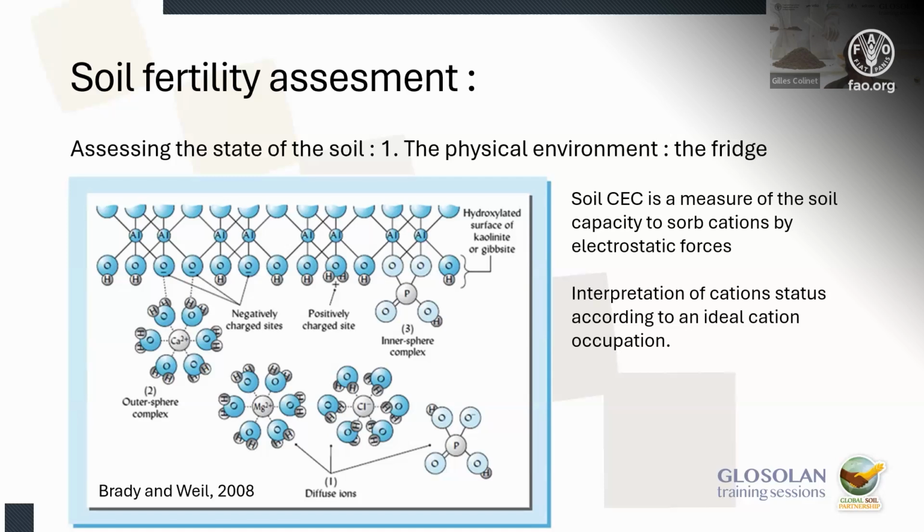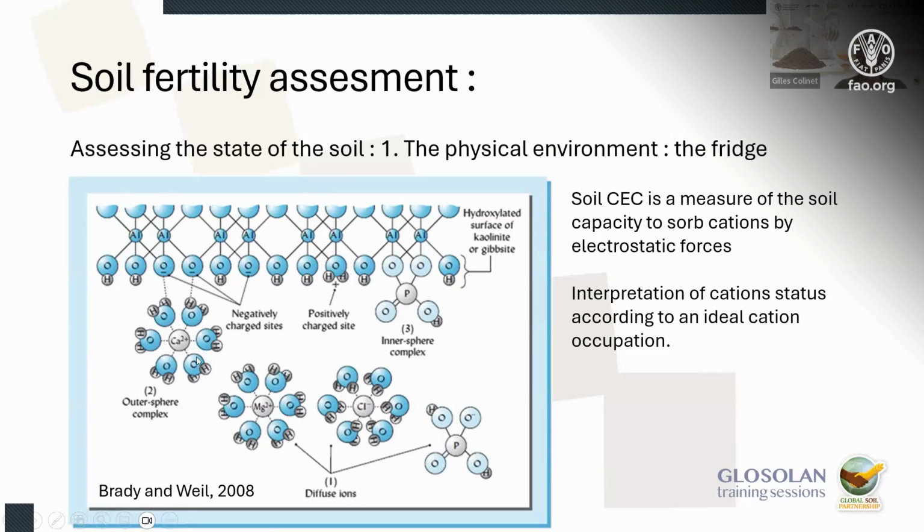Another parameter that also gives you the frame is the soil cationic exchange capacity. We usually make an image with a fridge. It's considered as the fridge of the soil. So it's the quantity of nutrients, of cationic nutrients, that the soil can store. So the soil cationic exchange capacity is a measure of the soil capacity to sorb the cations by electrostatic forces.